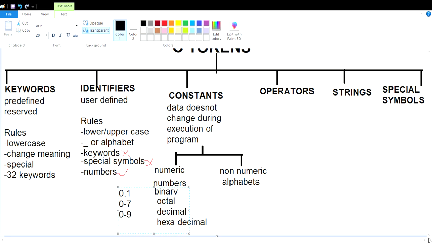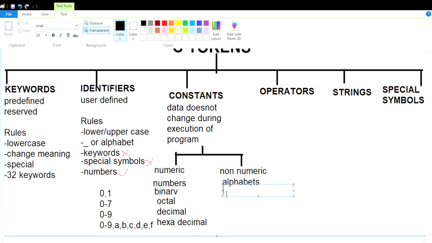And hexadecimal means 0 to 9, then A, B, C, D, E, F. So in hexadecimal we have 0 to 9, 10 numbers, and A, B, C, D, E, F. So binary means 0, 1, octal means 0 to 7, decimal means 0 to 9, hexadecimal means 0 to 9, A, B, C, D, E, F. These are the different types of numeric constants.